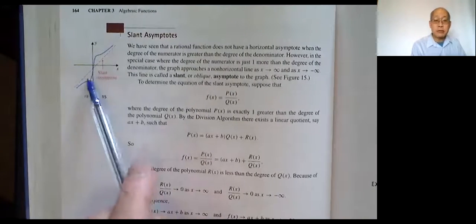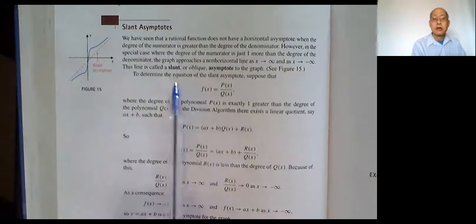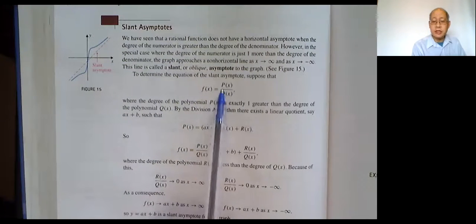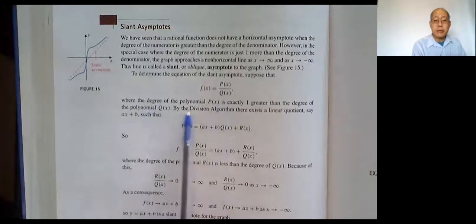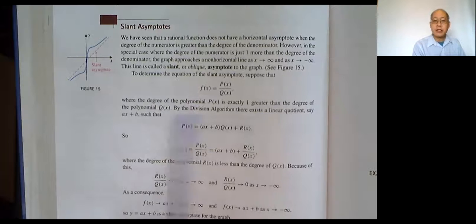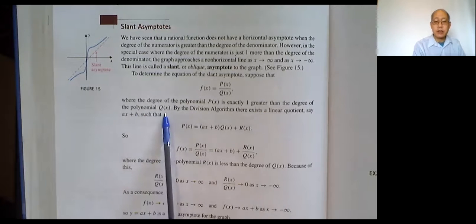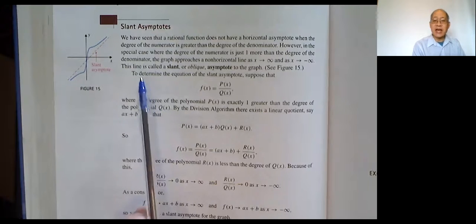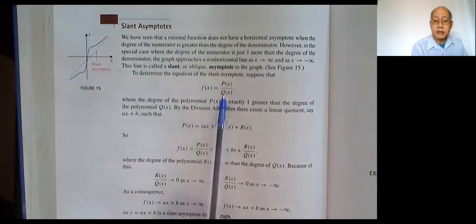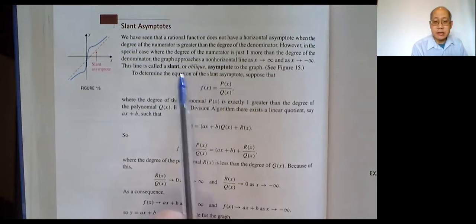Okay, here's a slant asymptote. To determine the equation of a slant asymptote, suppose you have one of these. It's called a rational function, there's a fraction. The degree of the polynomial p of x is exactly 1 greater than the degree of the polynomial q of x. So that's when you have a slant asymptote.